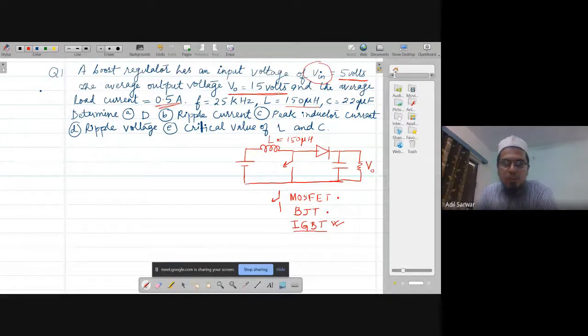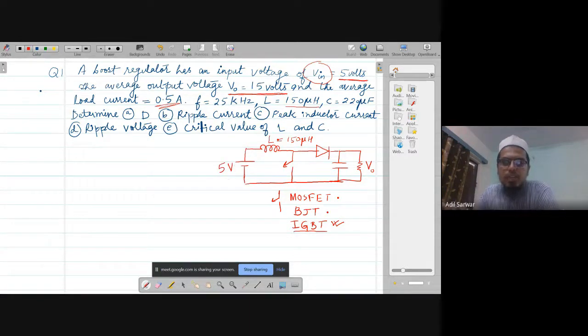So the IGBT has both the good features. It has low conduction loss as well as low switching loss. That means you can operate the IGBT at quite high frequency, comparable to that of the MOSFET, although not exactly equal. And this is the input voltage, which is again given here as 5 volts.